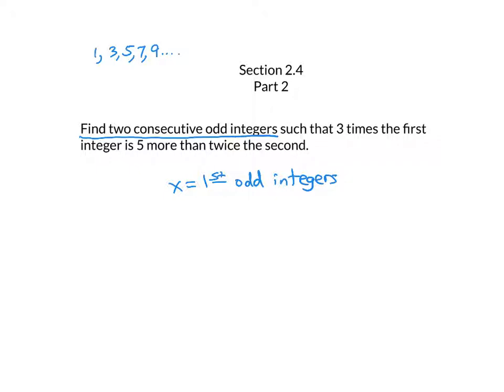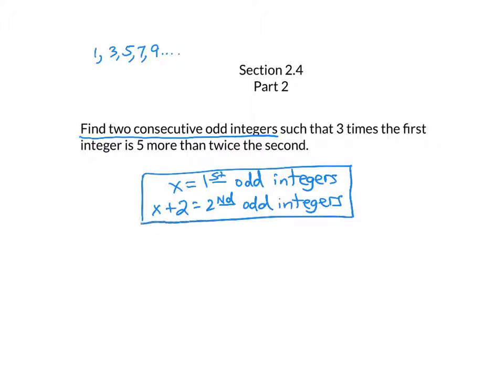So my second odd integer is going to be whatever my first odd integer is plus 2. x plus 2 is going to be my second odd integer. Once again, the labeling part of these problems is very important.